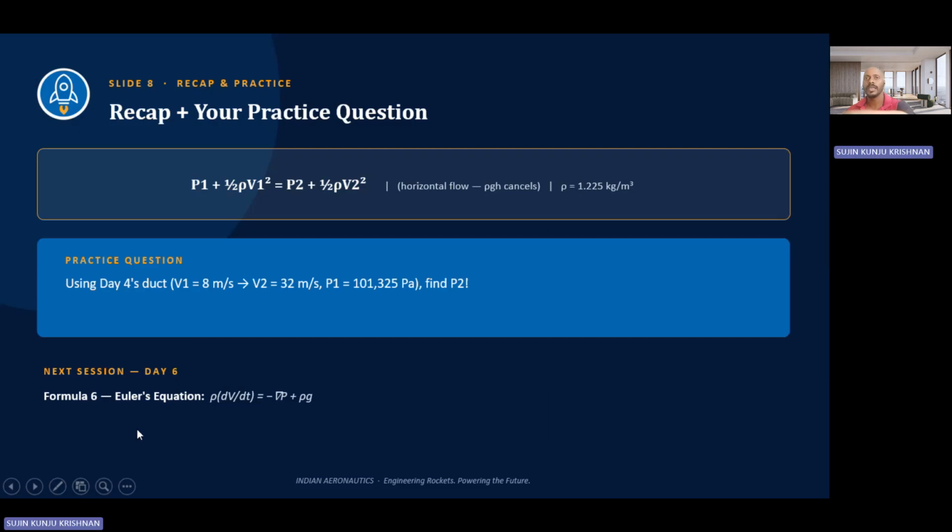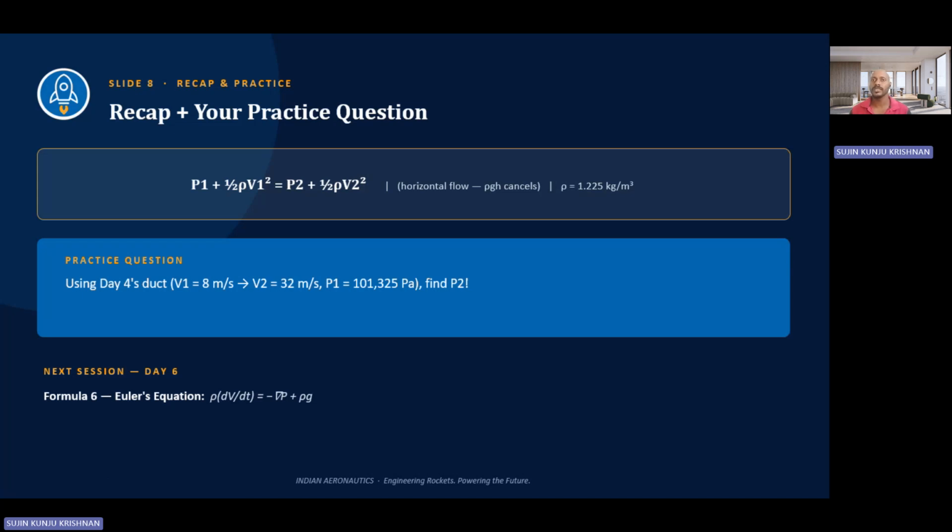Before the recap, 3 mistakes to avoid. First, only drop the rho gh terms when height genuinely doesn't change, like a horizontal duct or level flight. For climbing or descending flow, you must keep them in. Second, always square the velocities before subtracting, not the other way around.